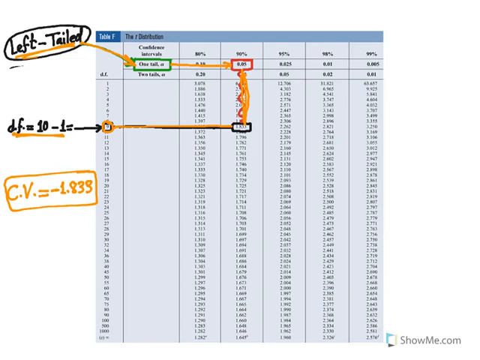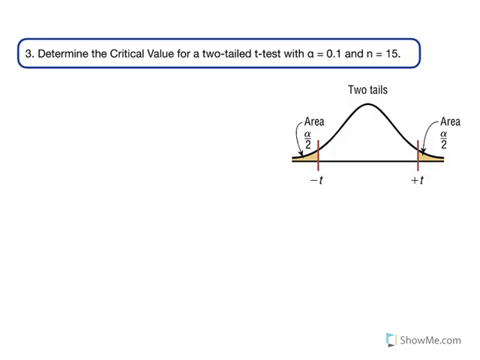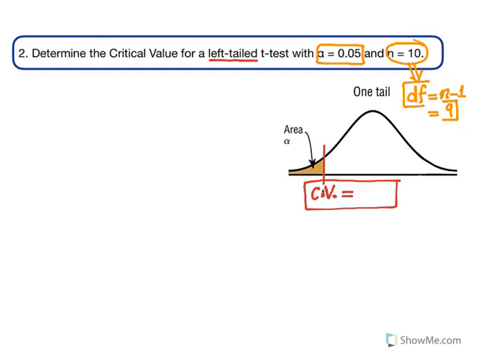This is because the t-table is actually the same for positive and negative. You just need to put the negative sign. So we give you just the table that has the positive numbers, but when you have a left-tailed test, you need to remember that the critical value is negative.